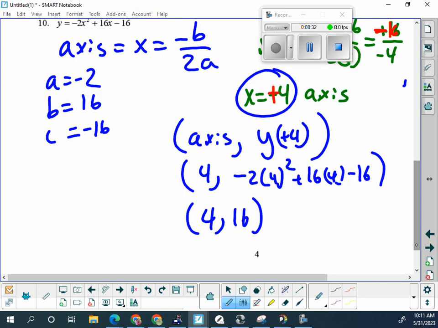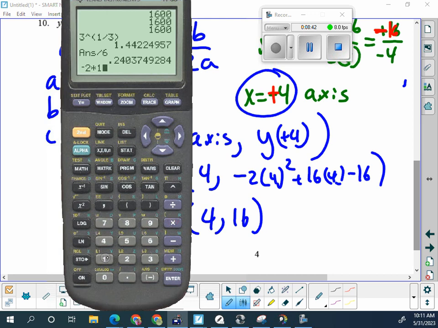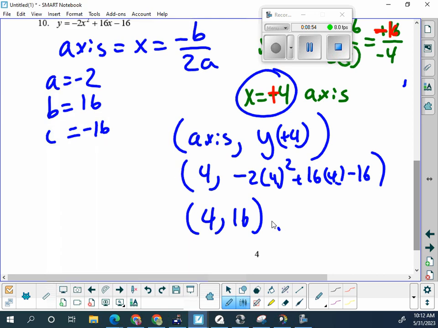Okay, for time purposes, let's bring a calculator up just to show it. So negative 2 times 4 squared is 16, plus 4 times 16, minus 16 equals 16, and that checks out.